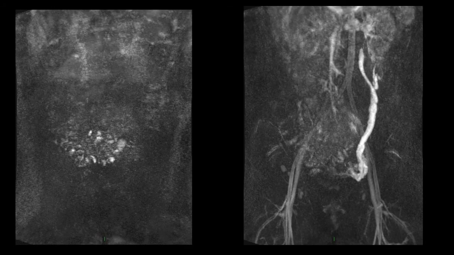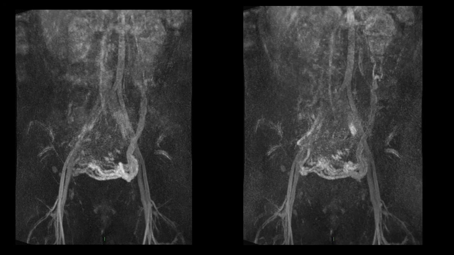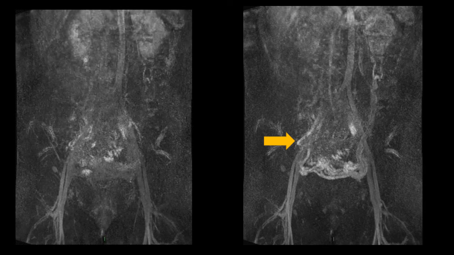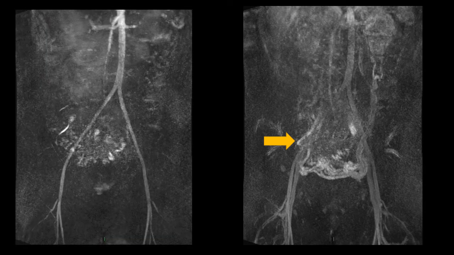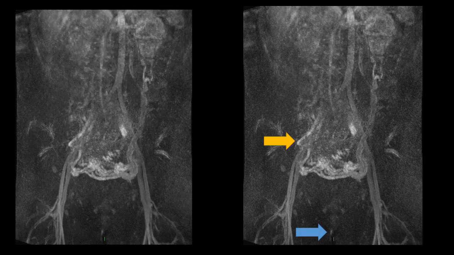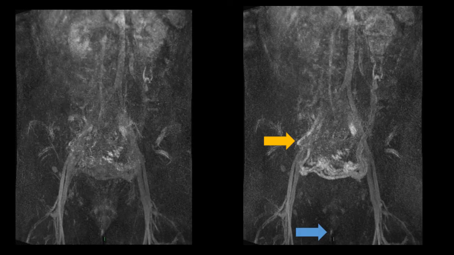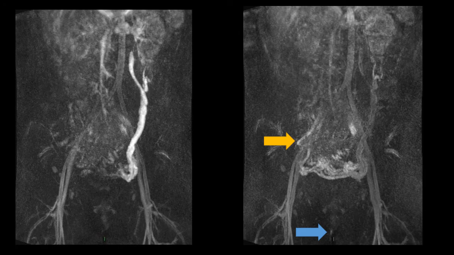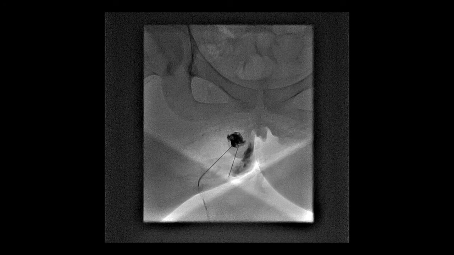This shows a retrograde flow down the left gonadal vein, cross-filling through the pelvic veins, and then draining antegrade cranially through the right gonadal vein. In this case, you can just about also see a little bit of high signal appearing right down here. This is actually in the right side of her labia, and that's actually what this woman presented with, vulval varices.